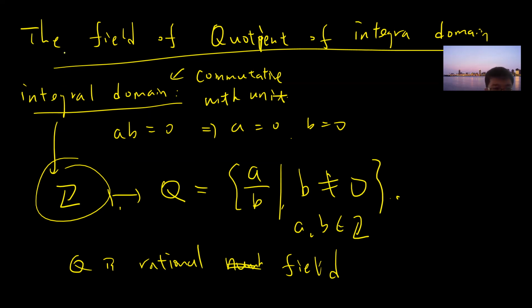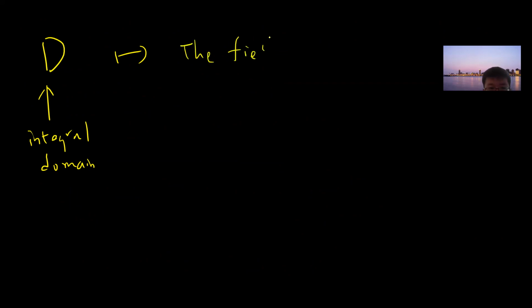Now we start from D, which is an integral domain, and then we can define another set. Let's say this is called the field of quotients. Let me see what a good notation is.